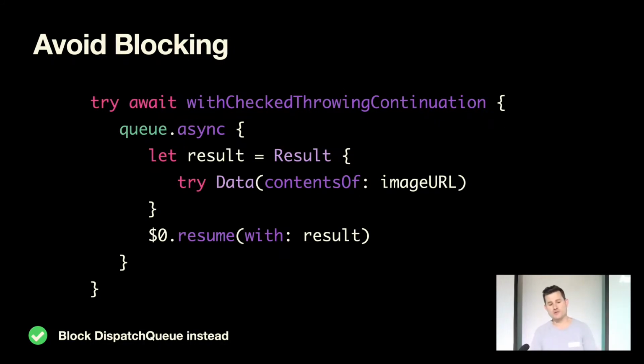That's the last resort, if you don't know that there are better APIs to use and you really want to use this data with contents of, then jump out to a dispatch queue. That will at least block a dispatch queue, but will keep all the threads in the cooperative thread pool available to process things.